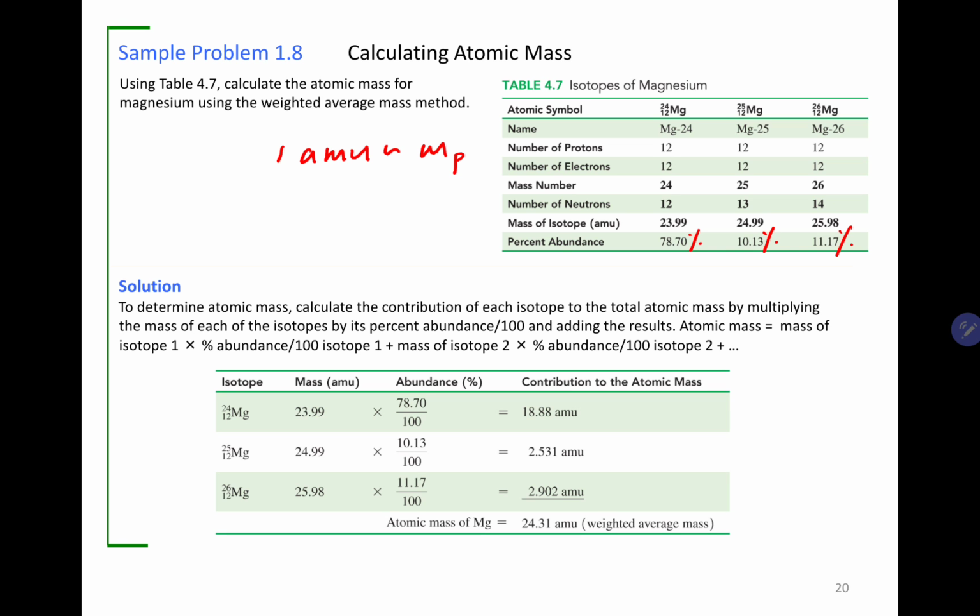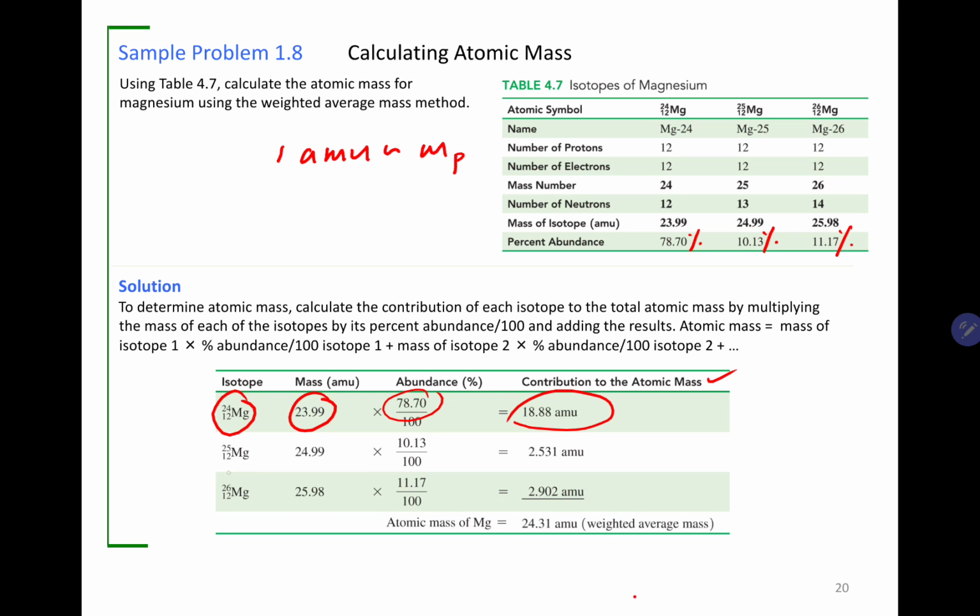So here's what we do. We take all these three isotopes, and then we take the AMU value, or if you don't have it, you can use the mass number, and you multiply it by the percentage abundance. By doing that, we calculate the contribution to the atomic mass from each isotope. If a certain isotope has a higher percent abundance, like this one at 78%, more than 3/4 of the abundance comes from magnesium 24, so its contribution is high.